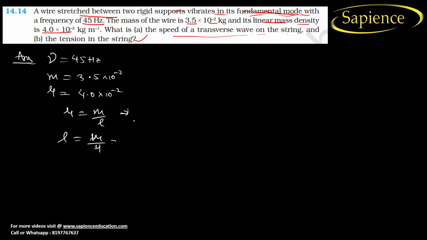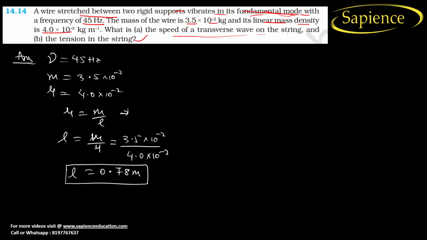Mass is 3.5 into 10 to the power minus 2 divided by mu, which is 4.0 into 10 to the power minus 2. When we divide it, we get length equal to 0.78 meter. So we have got the value of length.